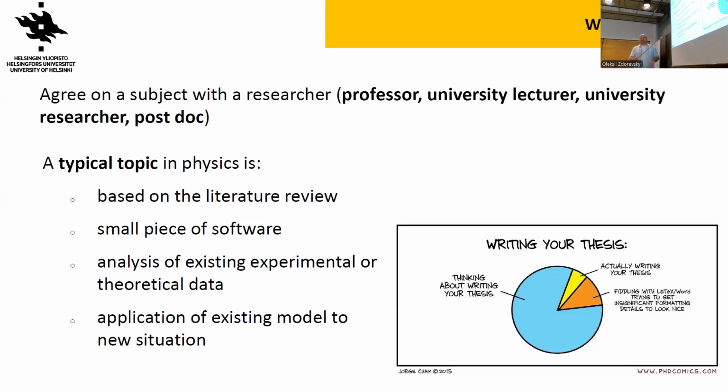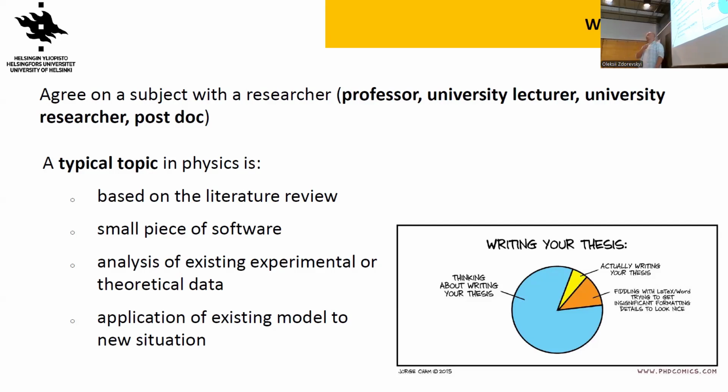Now, what does the standard topic of the bachelor's thesis in physics look like? This is the most common case: it could be based on some literature review. Your supervisor, upon agreeing with you on some topic, provides you with several papers or textbooks on a given topic, and your task is to write a literature review as your bachelor's thesis.